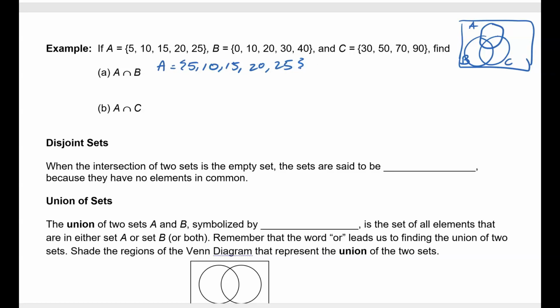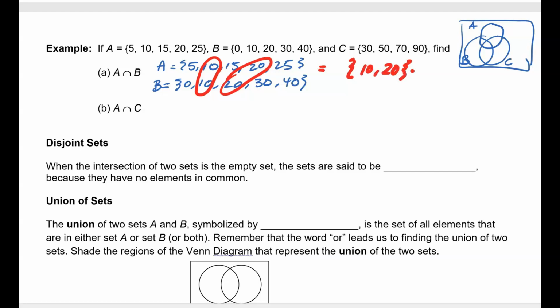When you're finding the intersection of two sets, I really like to write them out so that they're right on top of each other. That way I can look and see what they have in common. It looks like they both have a 10, and they both have a 20. So the answer for this is going to be 10, 20.